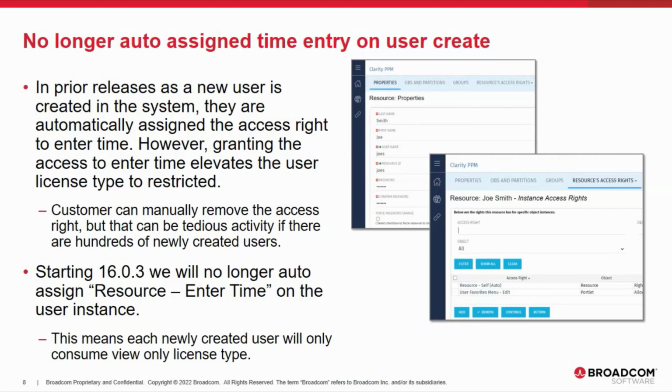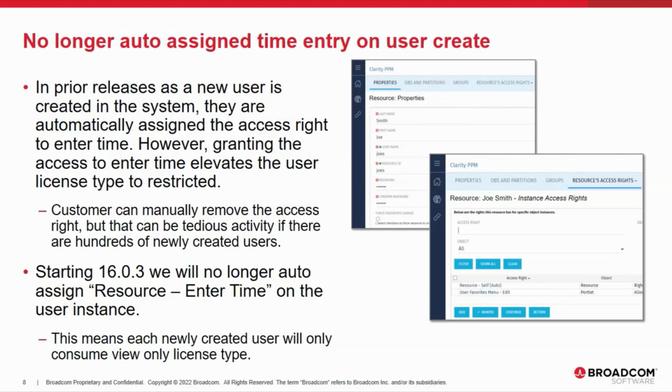Customers obviously could go in manually and remove that access right to reduce the license type for that specific user down to just view only. However, that was a very tedious activity for an administrator, especially if a customer is trying to create several users in the system to just be able to view the data.